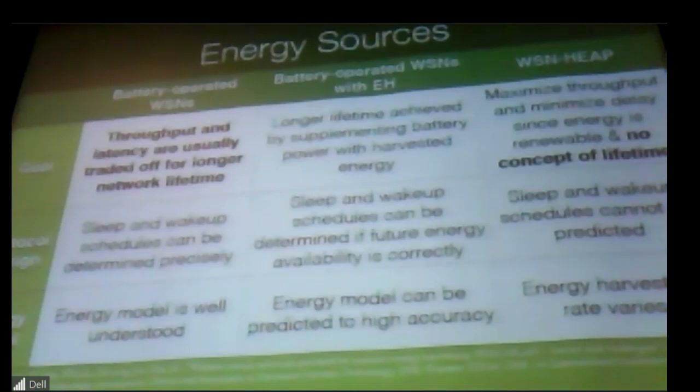So now we have to shift our focus to wireless sensor networks that can harvest energy from the environment. And ideally, we can maximize throughput and minimize delay in these cases, since there is the ideal that there's no longer any concept of lifetime in these sensors.